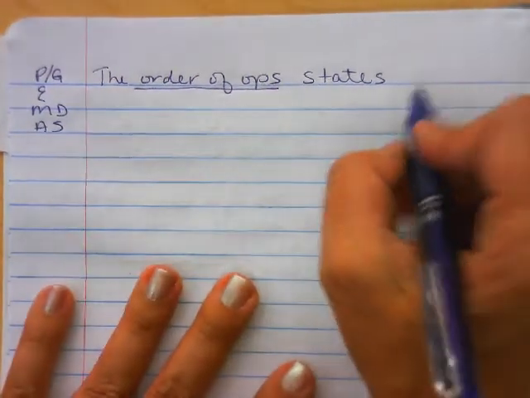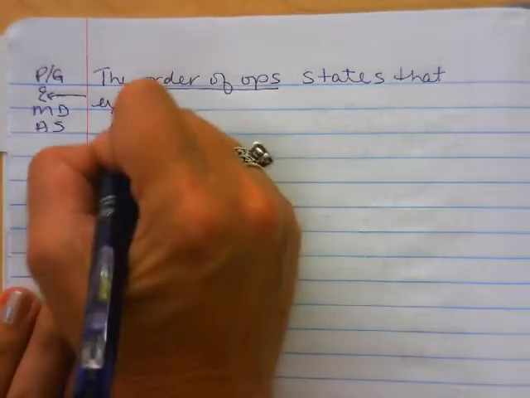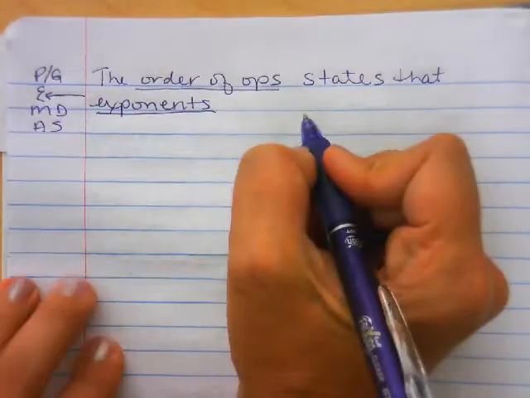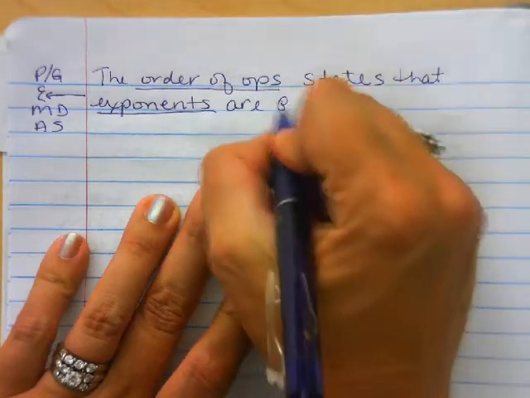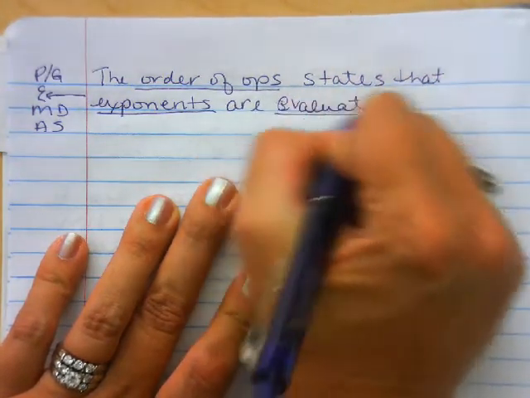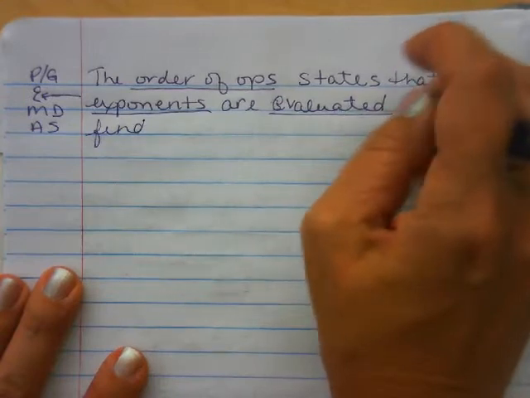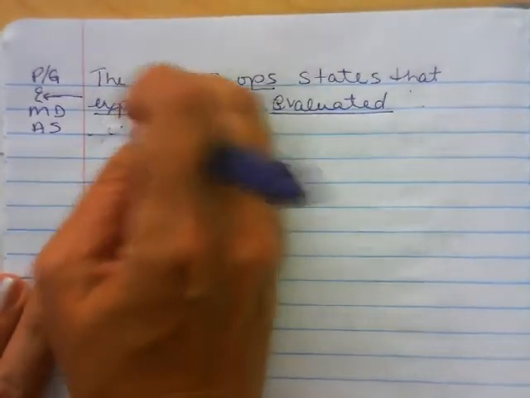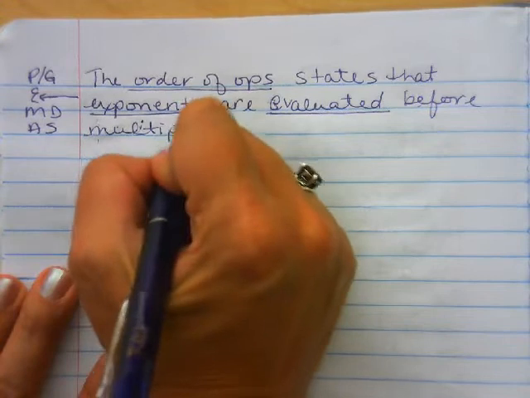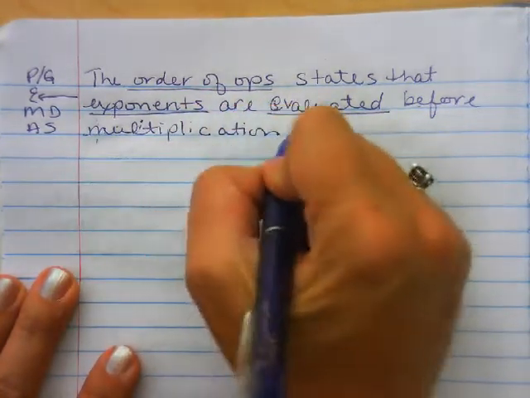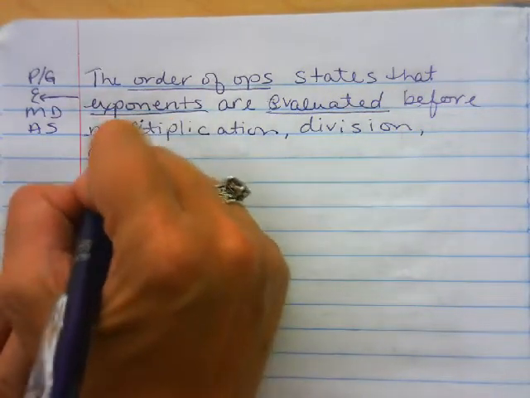The order of operations states that exponents, which is the E here, are evaluated or solved before multiplication or division, and then, of course, addition and subtraction.